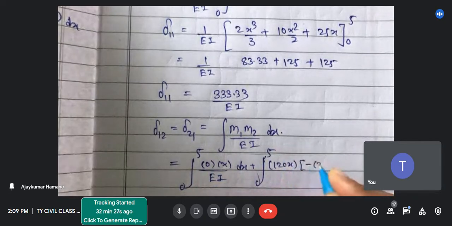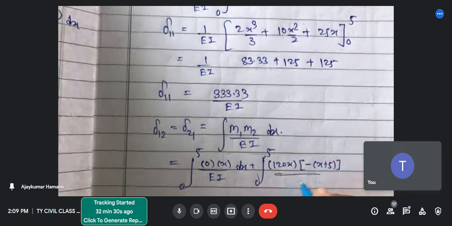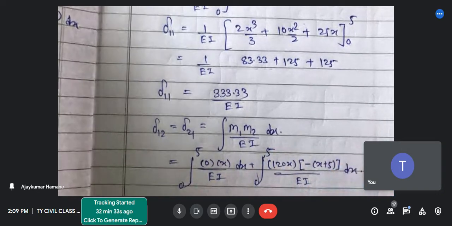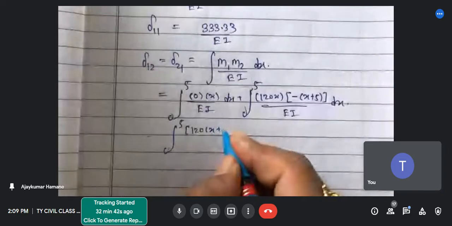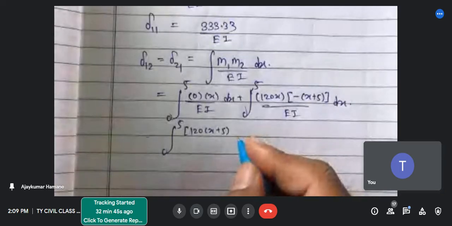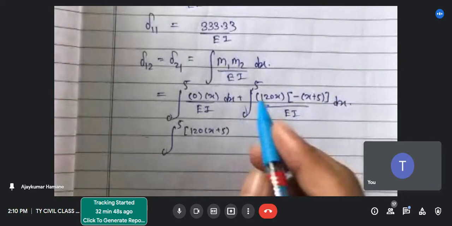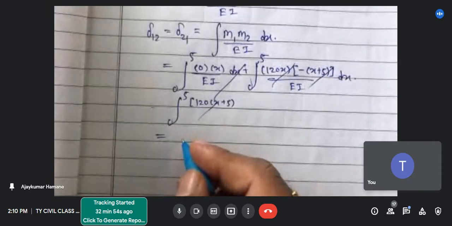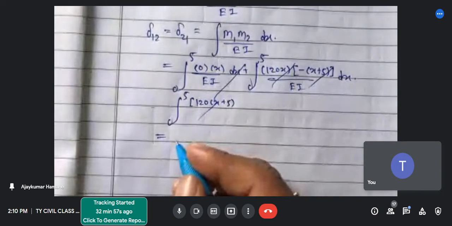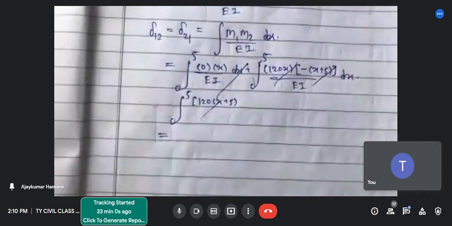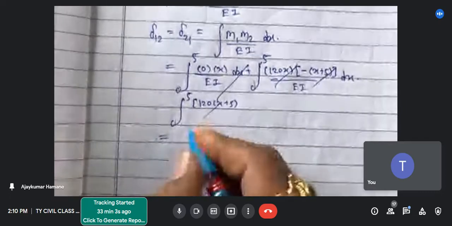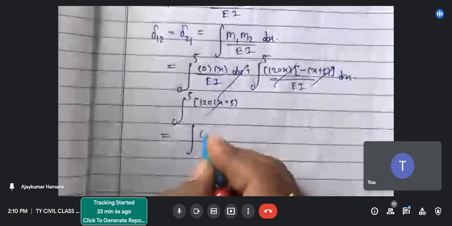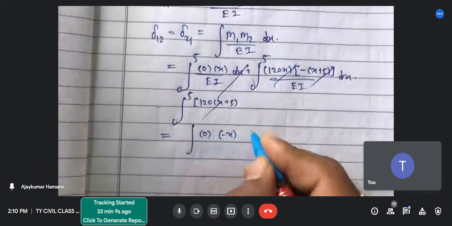Next is 0 to 5, 120x minus x plus 5 divided by EI into dx. Next is 0 to 5, 120x plus 5. Sorry, I have taken it wrongly. M1, M2 we are multiplying now. So M1 is 0. Here we have minus x.